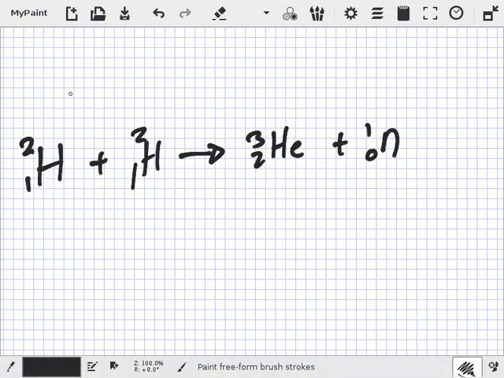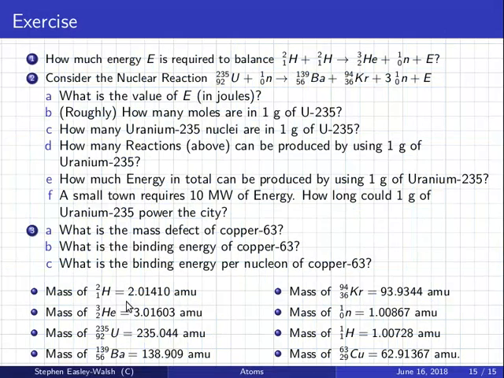Now you'll notice that the mass here will be bigger than the mass here, because here this is going to be two of these.